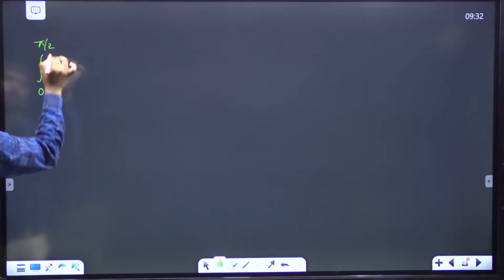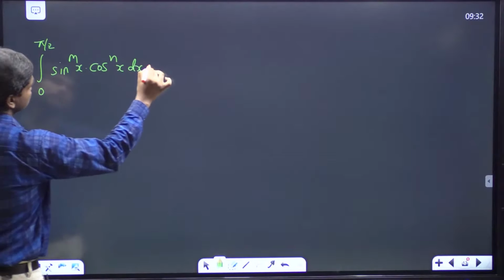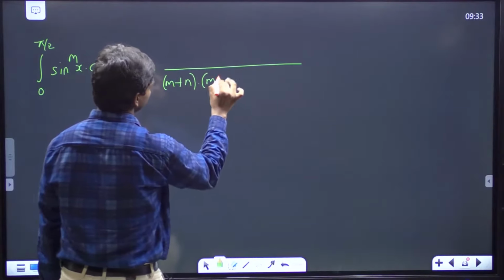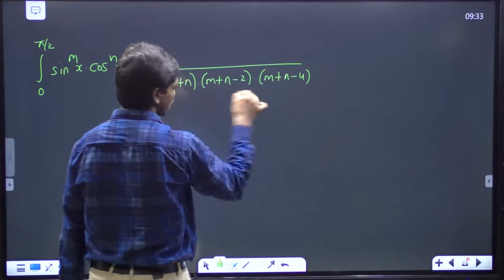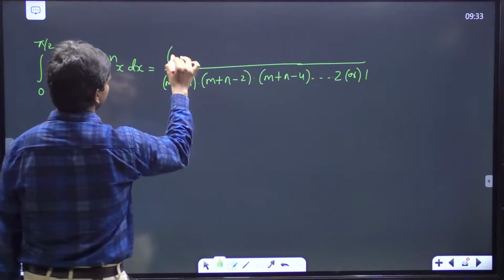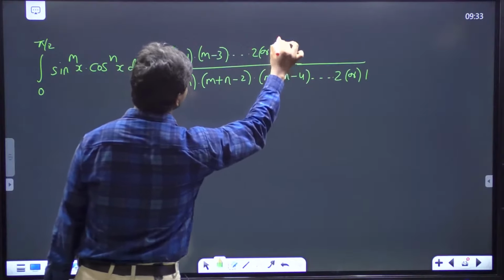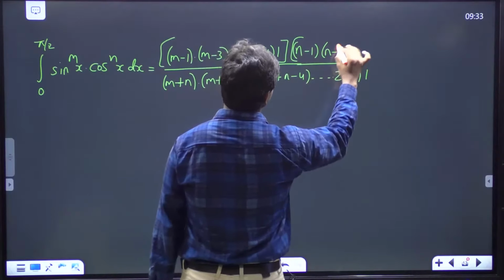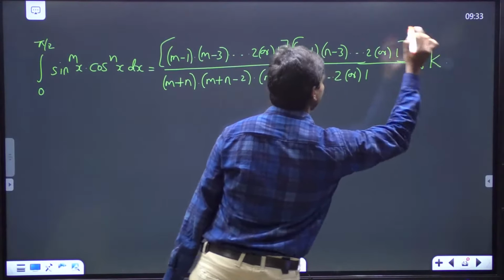So the integral from 0 to pi by 2 of sin power m x into cos power n x dx is equal to, in the denominator, m plus n into m plus n minus 2 into m plus n minus 4, basically every alternate term, and so on, down to 2 or 1. The numerator could be m minus 1 into m minus 3 and so on, down to 2 or 1 depending upon whether m is even or m is odd. Similarly, n minus 1 into n minus 3 and so on, down to 2 or 1 depending upon whether n is even or odd, into k.